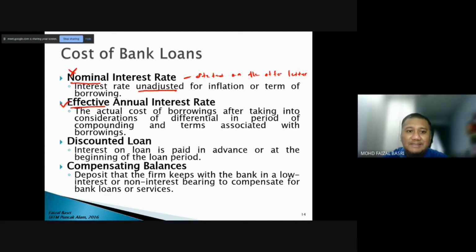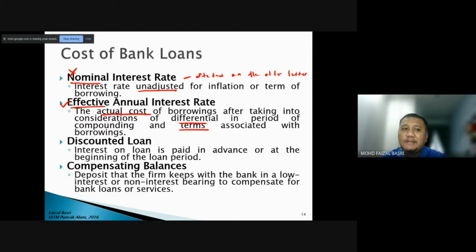rate. This is the actual cost of borrowing after taking into consideration the different periods and also obviously the terms and conditions. Because due to the terms and conditions, it can increase the actual cost. So the nominal cost might not be relevant to us.